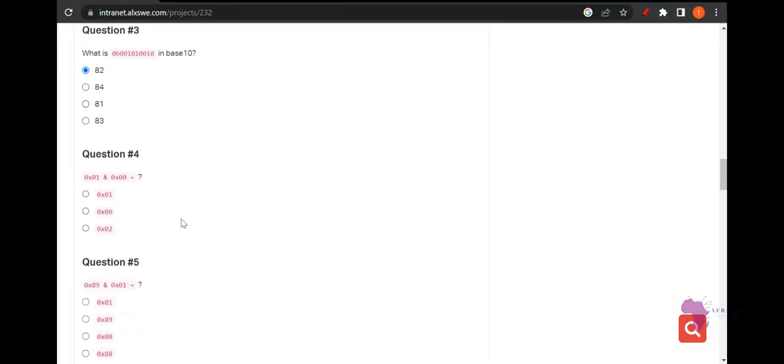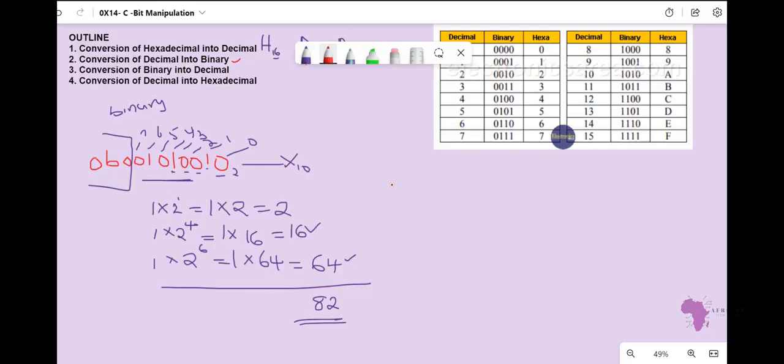Let's get to the third one. The third one is 0x00. I will not calculate this one, but I will show you how to calculate it. So we have 0x01 and 0x00, and what have we been asked?